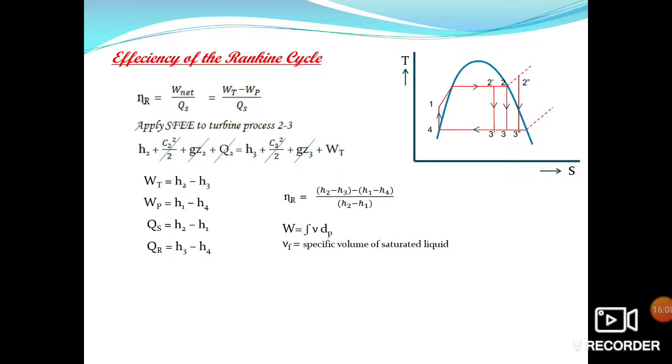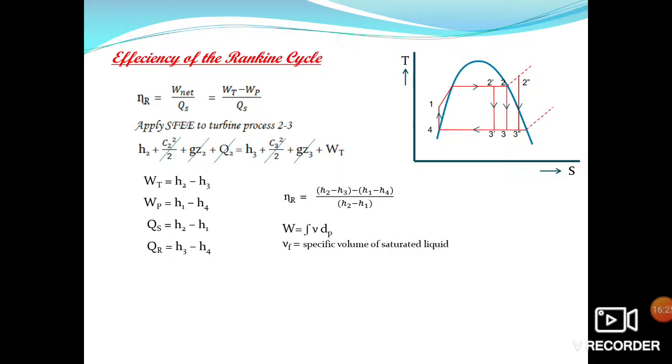But we know that Vf is very less than Vg, that is specific volume of saturated vapor. So since Vf is very less, the work done will be very small.